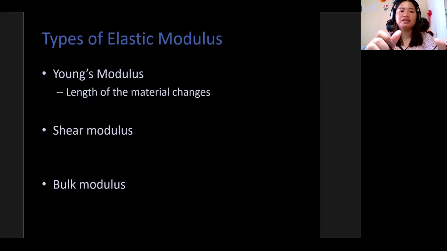Another example of this is, for example, straightening of bones, or metals, especially in terms of buildings. Okay, if you want to be an engineer, especially a civil engineer or any engineer that involves constructing something, Young's modulus is one of the things that you need to consider about the metals.